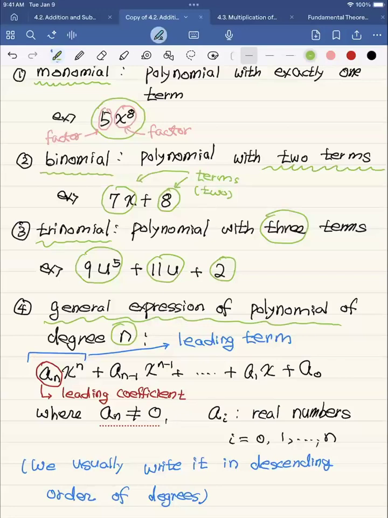These a sub i associated to the variable x are real numbers. Those are coefficients.